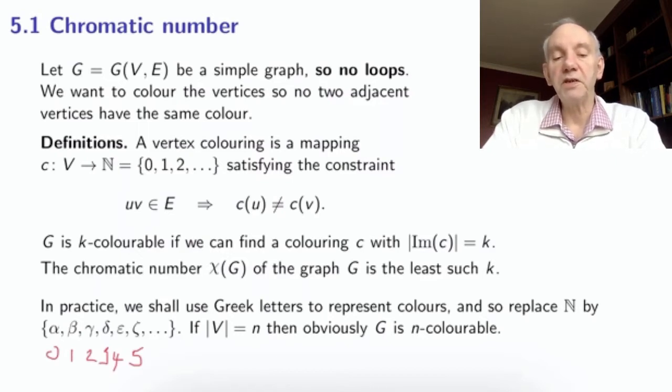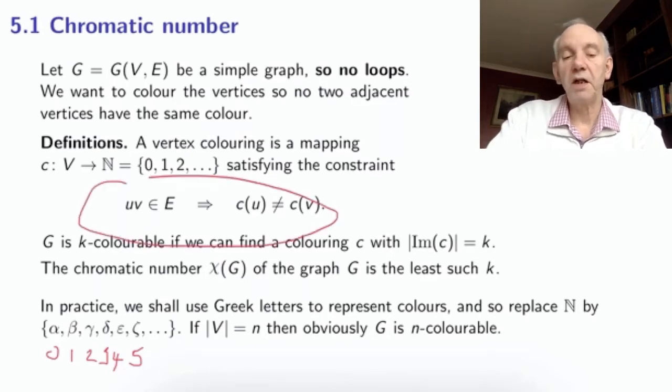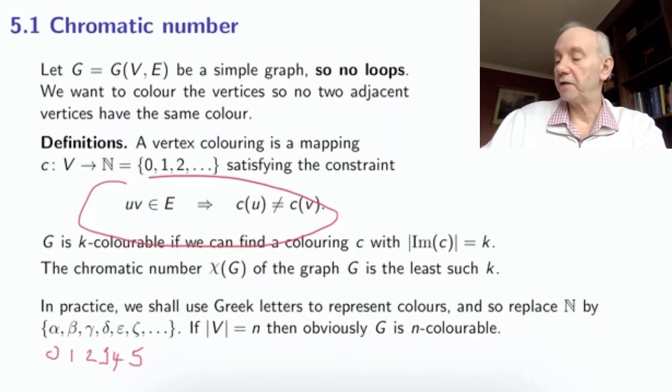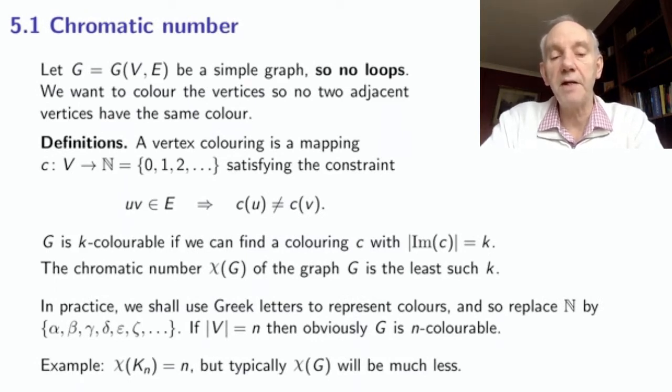An obvious thing to say is that if the graph only has n vertices, then obviously n colours suffice to satisfy our constraint. So certainly the chromatic number of any graph is less than or equal to the number of vertices. In fact, it's easy to find an example when it's equal to the number of vertices. If you take the complete graph on n vertices, that does have chromatic number n.